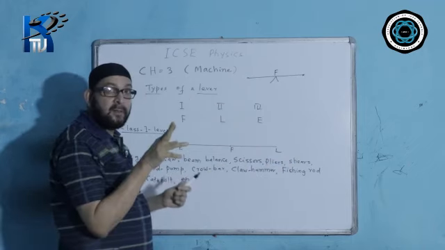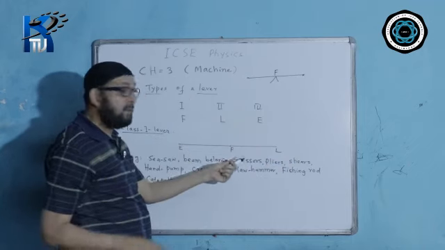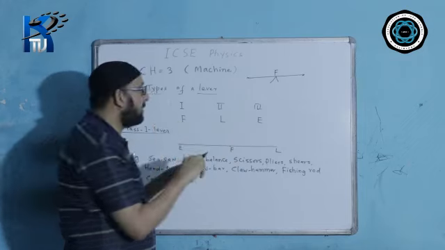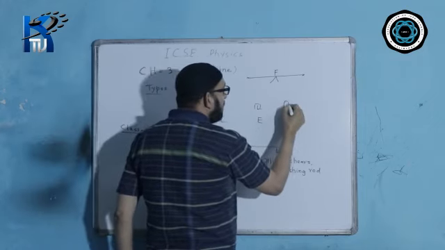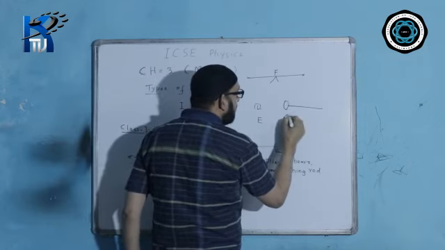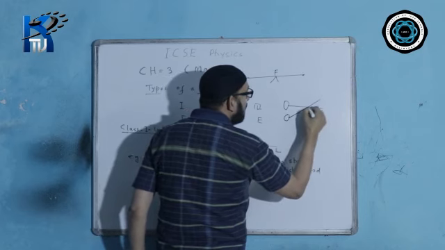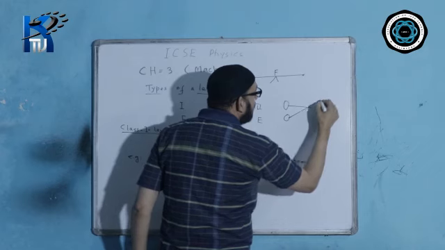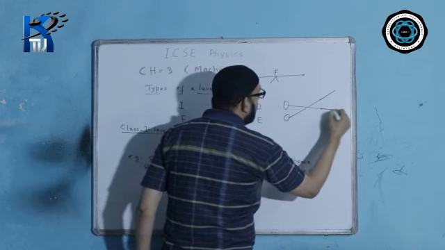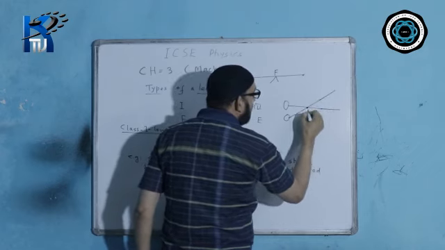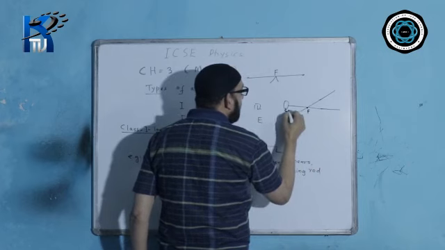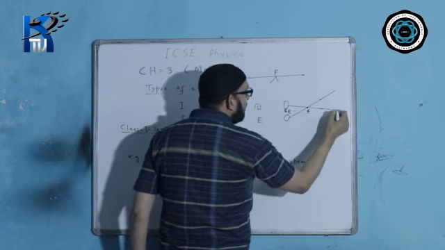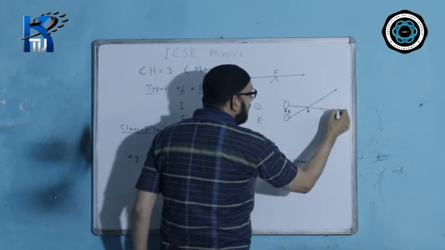Then scissors will also have the fulcrum in between. Scissors is like this, you all must have seen it. Here is the fulcrum, here is the effort we give, and here we keep the load.